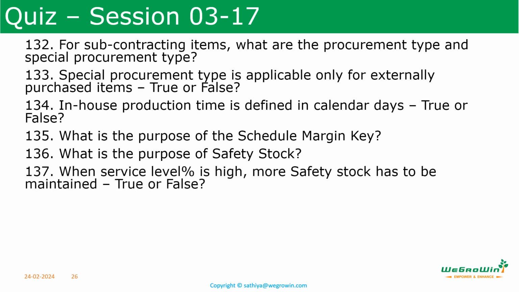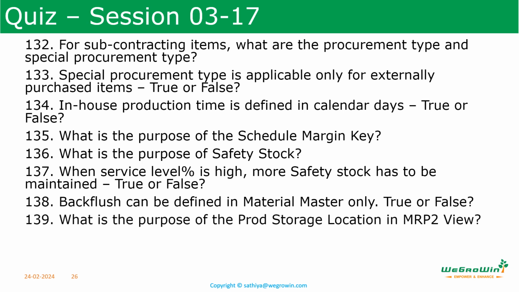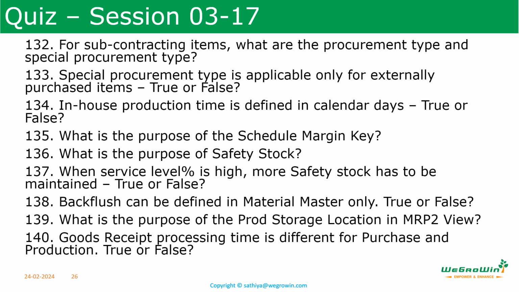When service level is high, more safety stock has to be maintained, true or false? Backflush can be defined in material master only, true or false? What is the purpose of production store location in MRP2 view? Goods receipt processing time is different for purchase and production functions in the same material master, true or false? So let us see the answers in the next session.